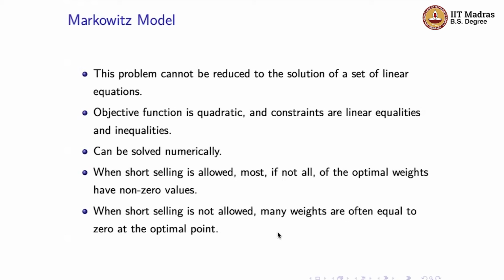However, when short selling is not allowed, at the optimal point, the portfolio which minimizes the variance in the way we have been discussing is often going to have a lot of assets with a weight equal to zero. So this is just something to note while you are solving it.